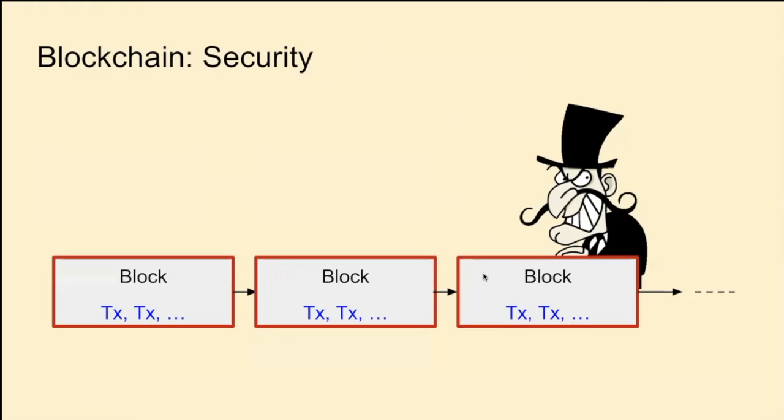But in order to get away with it, they would then have to change the next block towards the head in order to give it a hash of their modified block. And then as soon as they change the hash of that next block, they have to change the hash of the block before it also. So they have to work their way from the point at which they made the change all the way through to the head of the blockchain, changing every single block as they go.